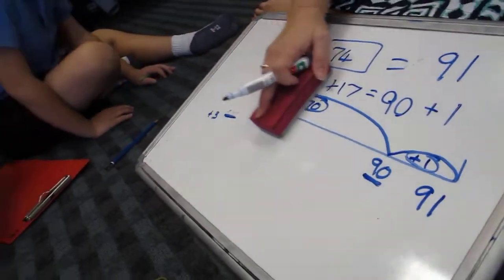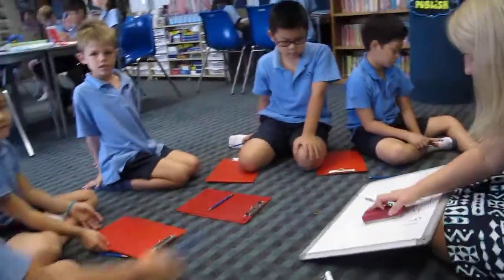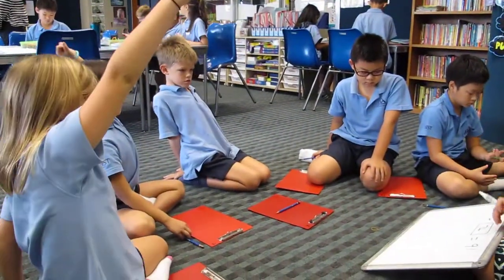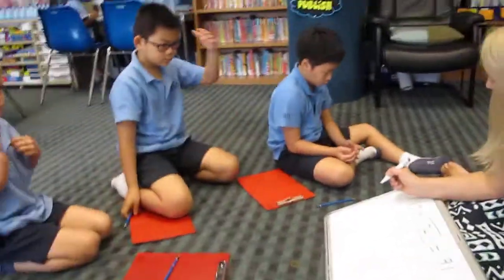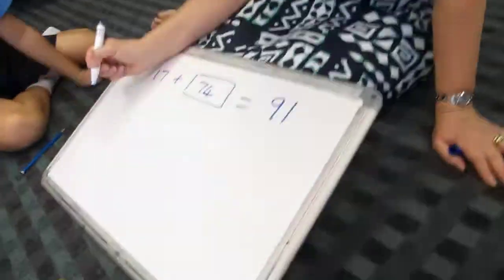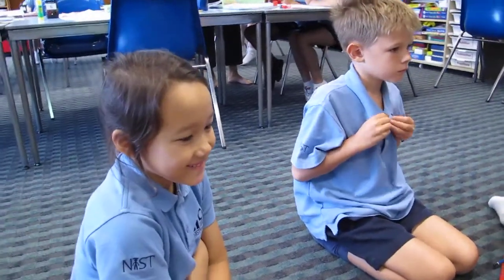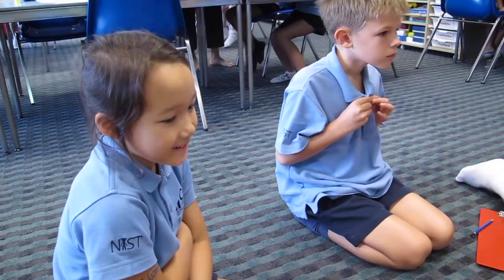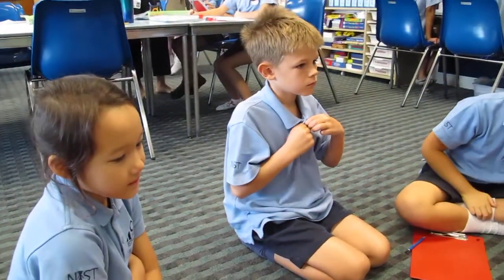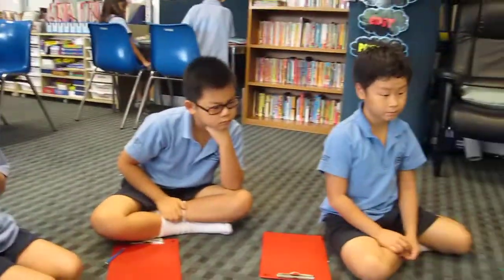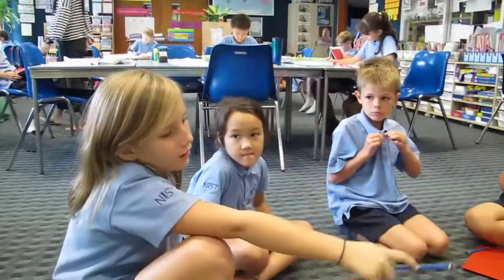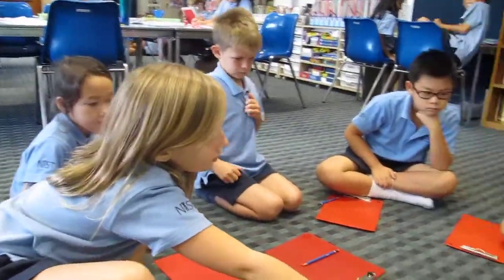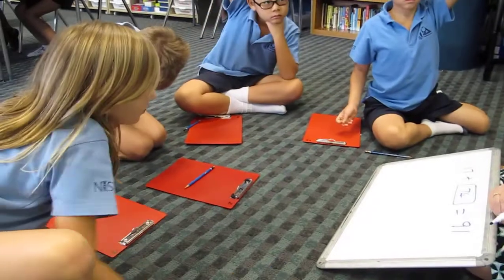Anybody got a different way they could check that 17 plus 74 is 91? Katie? Have a think. How could you check this? 17 plus 74 makes 91. If you do a proof for me, you know we were doing those proofs earlier. If you did 7 plus 4, which 7? You mean this 7?